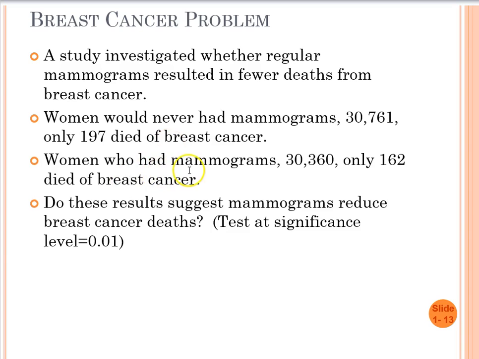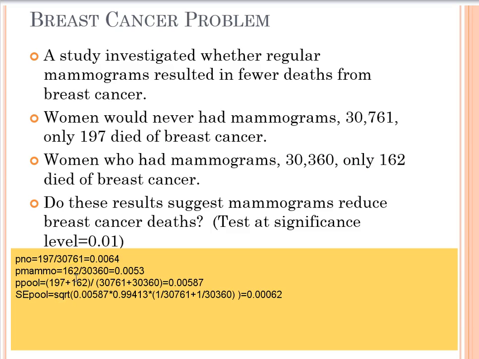For women who had mammograms, we surveyed slightly fewer of them at 30,360, and only 162 of them died of breast cancer. So you can see fewer total number of women died of breast cancer, but we also surveyed slightly fewer women who had mammograms. And so we want to make sure that we're looking at the rate and not just looking at the level, because the level is an incorrect measure.